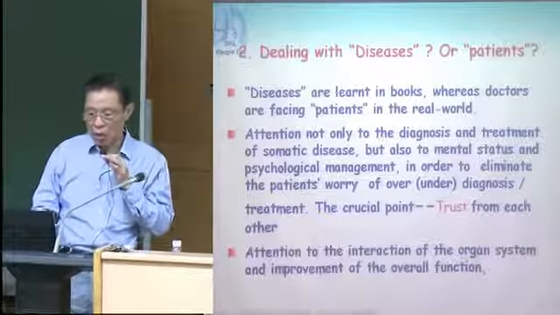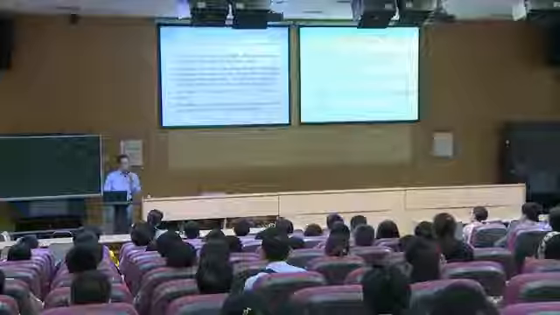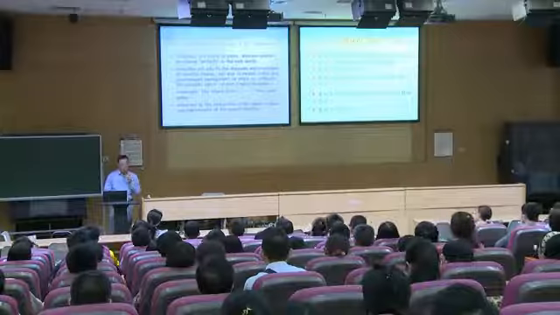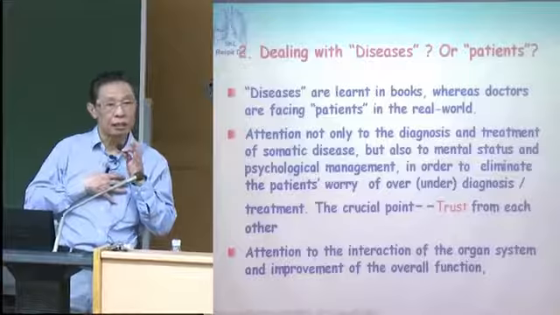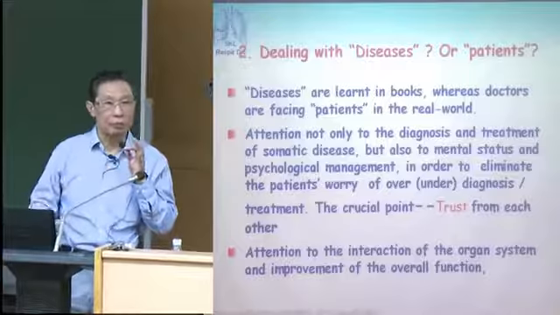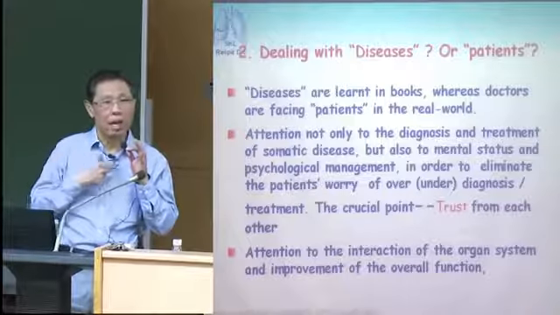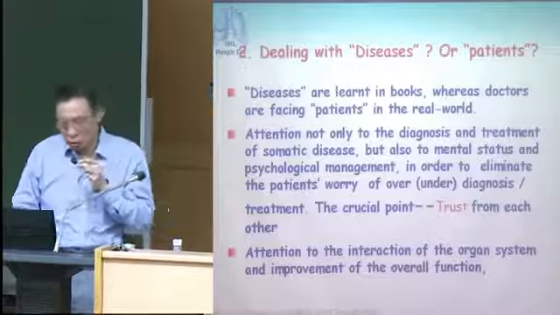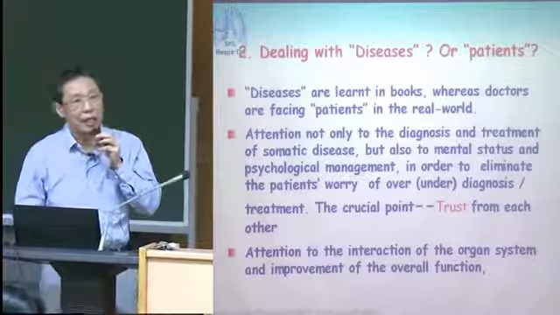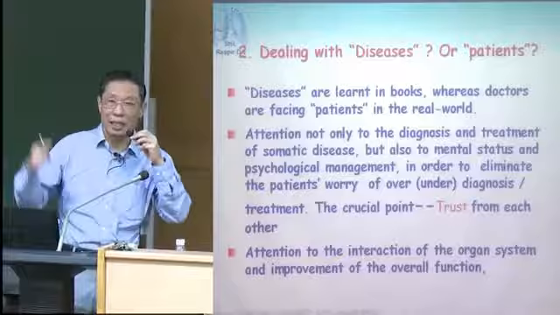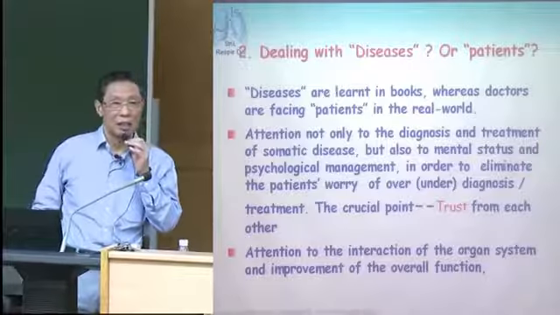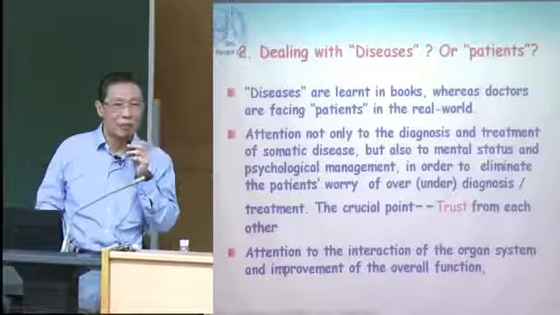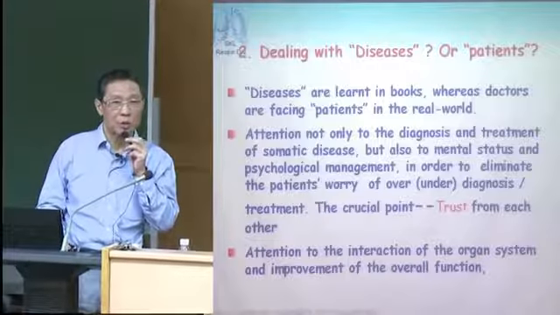And also, attention should be paid to the so-called interaction of the different organs. For example, chest pain. You can have a lot of causes of chest pain. It could be the lung, it could be the heart. So in Chinese traditional medicine, they say the lung and the large intestine are linked as exterior and interior. It's a link between lung and large colon. It seems to be very ridiculous, but it's true in some natural way.